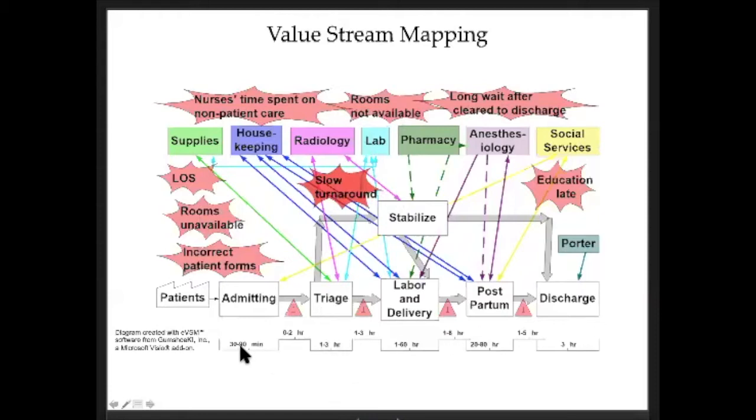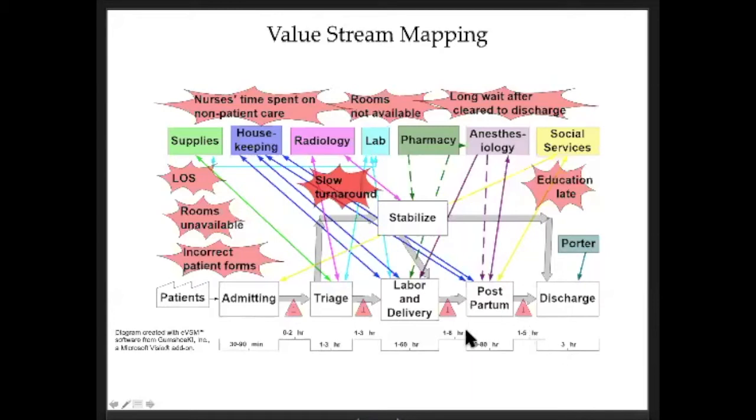Anything that we see at the lower end of this figure are value added activities and the time that it takes for those value added activities, because these are directly influencing patient care.